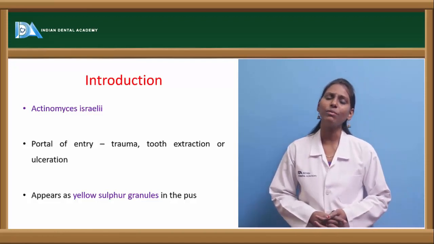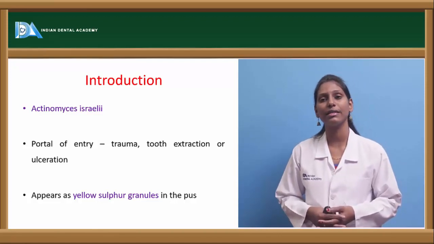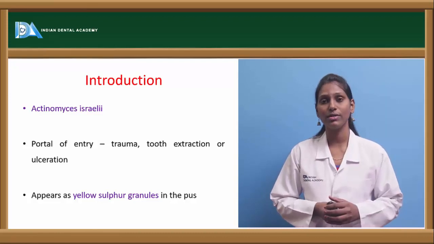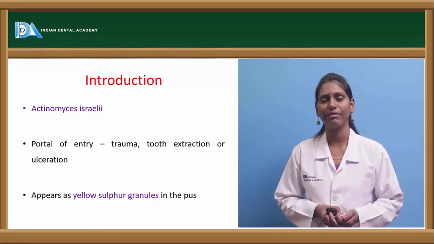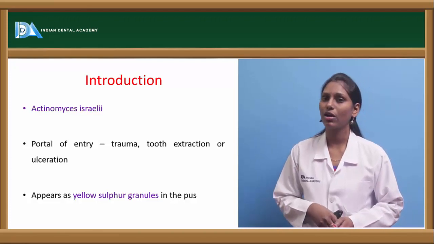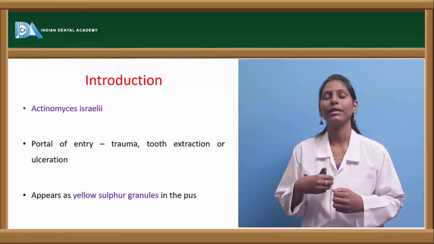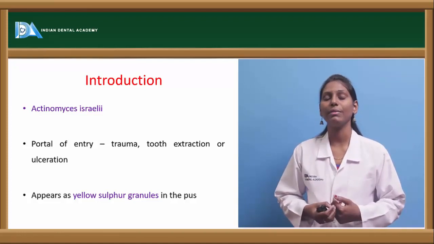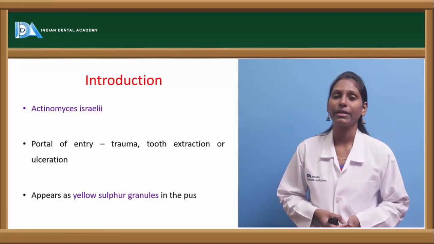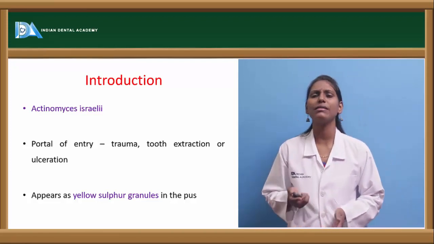Actinomyces israelii can sometimes be isolated even from normal people, especially in the oropharyngeal region, in the crypts of the tonsils, the oral mucosa, and dental cavities. In the pharynx also, it is usually a normal commensal. However, in a few severe cases it can lead to infection called actinomycosis.